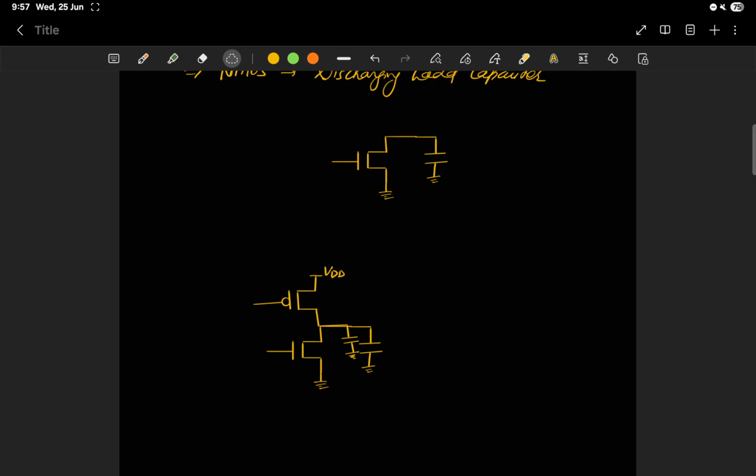Here I have mentioned the load capacitor two times, only a single time we need to mention it.